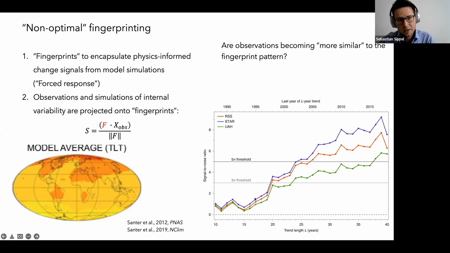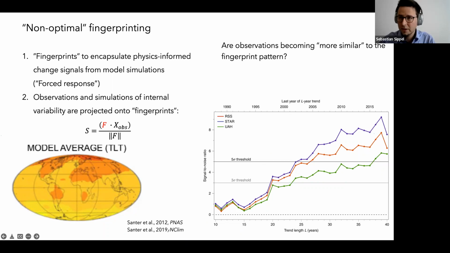In three different satellite-based temperature data sets, he shows that the signal to noise ratio on a global scale exceeds 3 sigma after 20 years, so around the early 2000s, and it appears to exceed 5 sigma compared to the control distribution of the climate models by 2018.